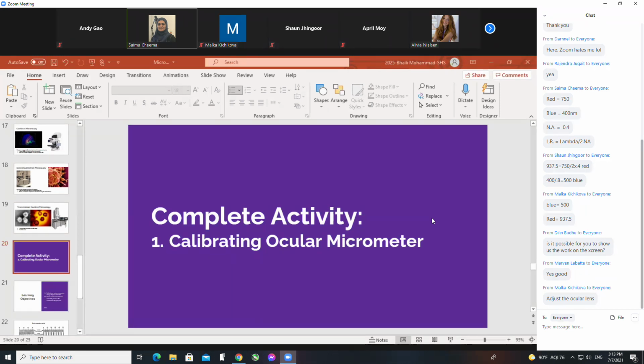Did you already do them on Connect? Yeah, I did that. Okay, so then you're just going to have to wait a little bit until everybody else is done, and then we'll talk about the ocular micrometer. So you can start looking at that activity. Just click Okay on the website and start reading through it in the meanwhile. Okay, thank you. Yep.